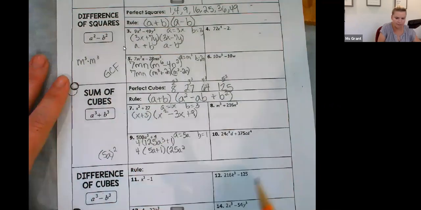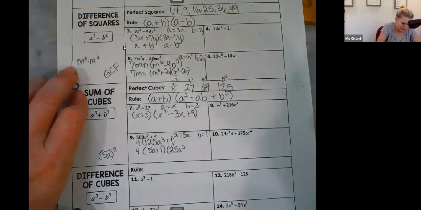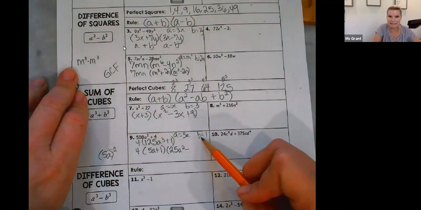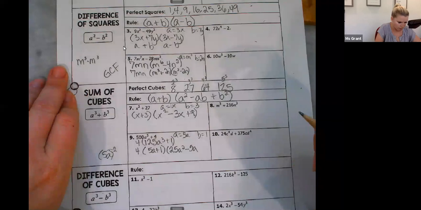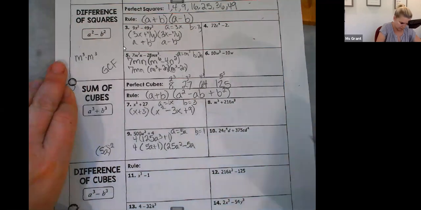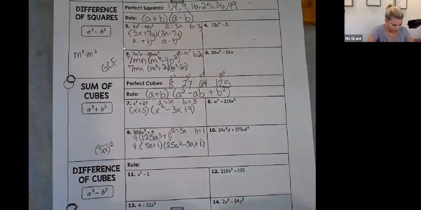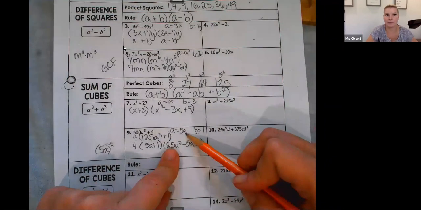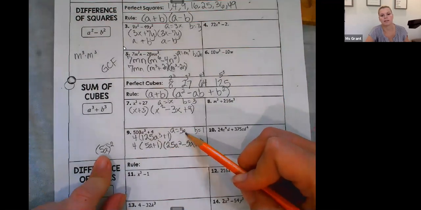I have to square 5 times 5, and then I have to do a times a. 25a squared minus a times b multiplied together, 5a, plus b squared, 1 times 1, plus 1. So since a had a variable and a number, I had to square them both. Keep that in mind. It's not just 5a squared. It's the whole thing, 5a times 5a.